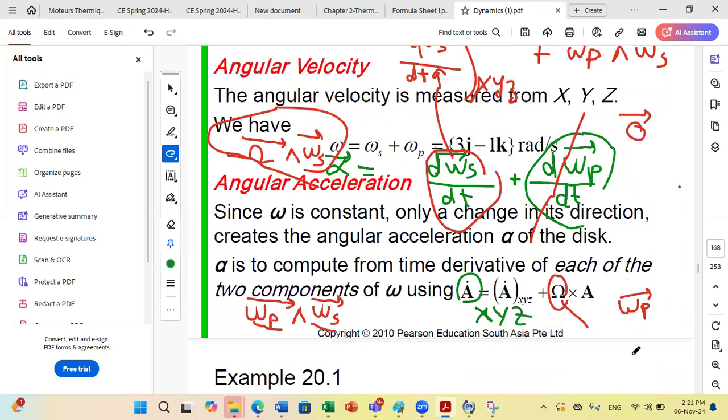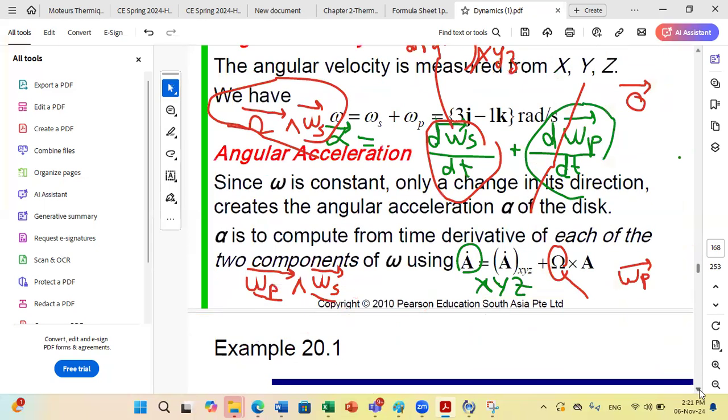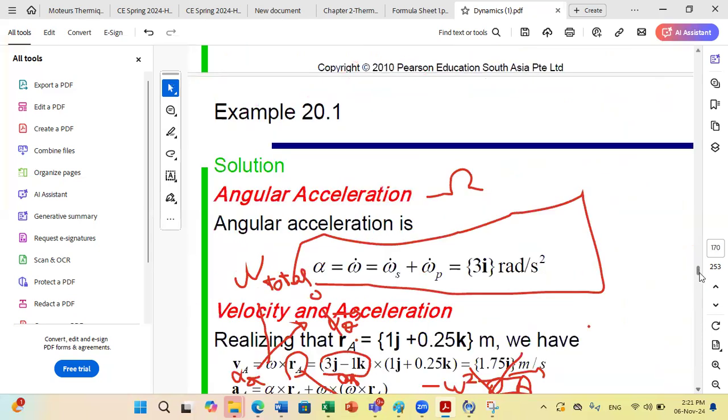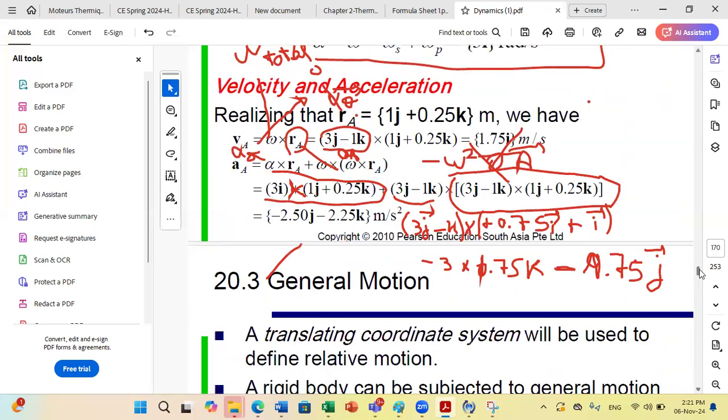Sorry, 1 second. Doctor, on what basis did you place point C? Point C is the center of the disk. A colleague asked me if we can divide the velocity into two components, meaning do a relative analysis. You can do it.